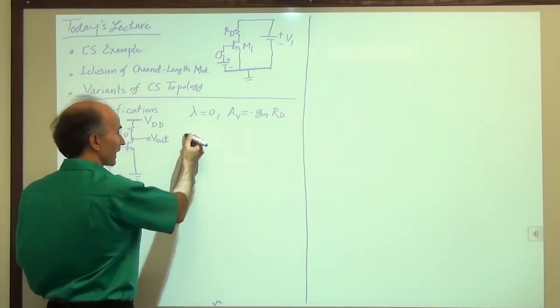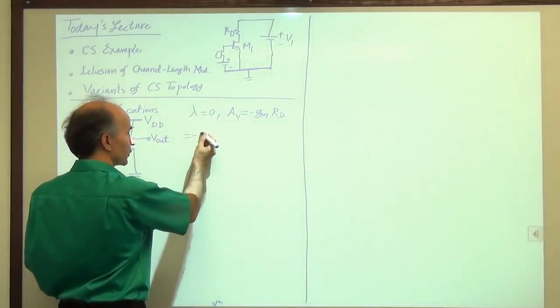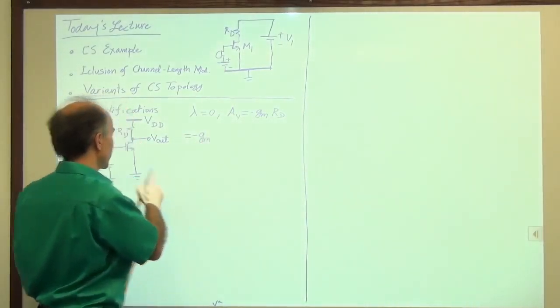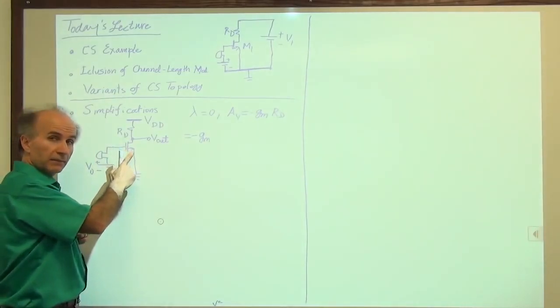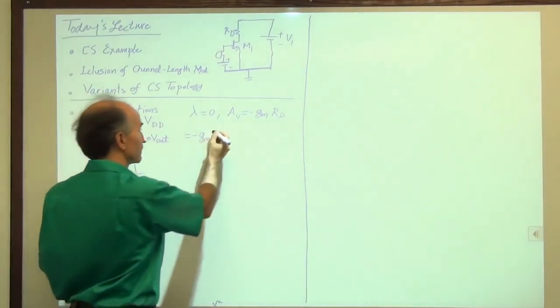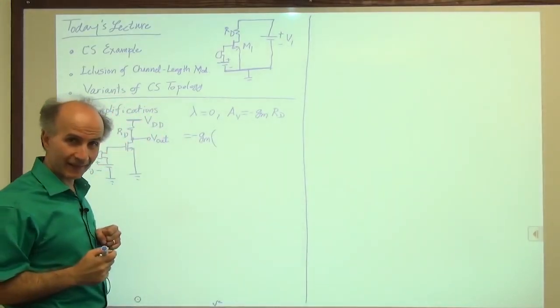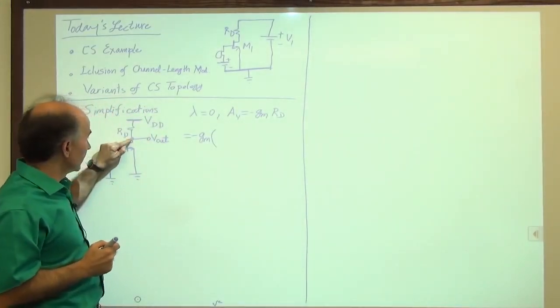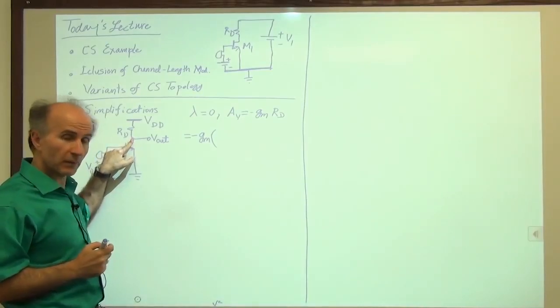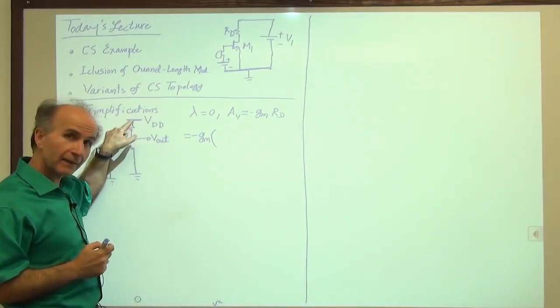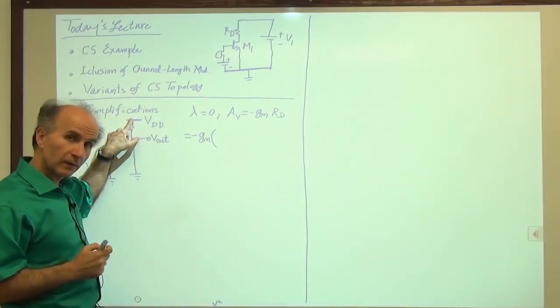So we will write this as equal to minus GM. GM is the transconductance of this guy here, multiplied by RD, the total resistance that is tied between the collector, between the drain and this point.